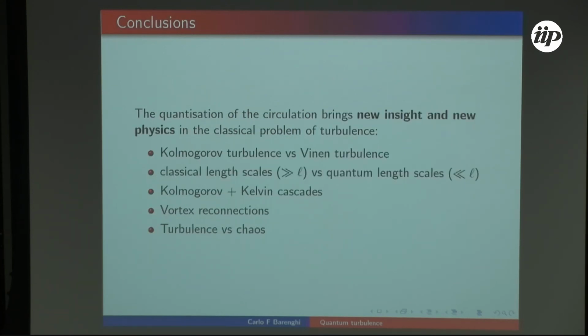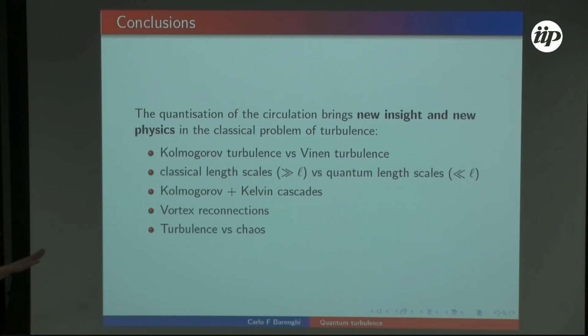At this point, these are the main conclusions. The fact that there is a wave function, which is complex with a phase, really creates the property of quantum vorticity, vortex lines, more than superfluidity, and creates new physics.